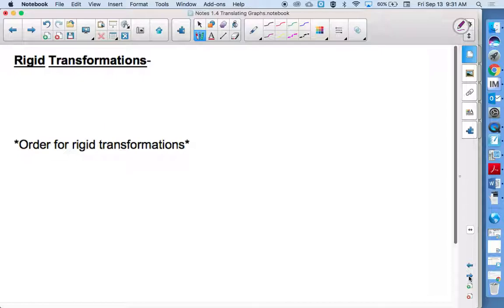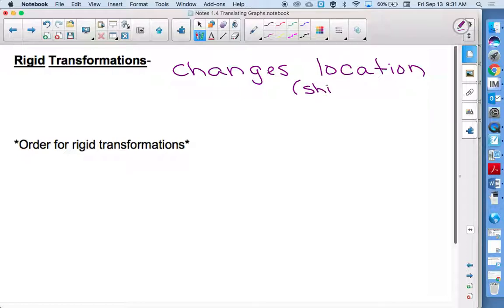So we have something called rigid transformations and non-rigid transformations. A rigid transformation changes the location, meaning it shifts the graph, or it reflects the graph.